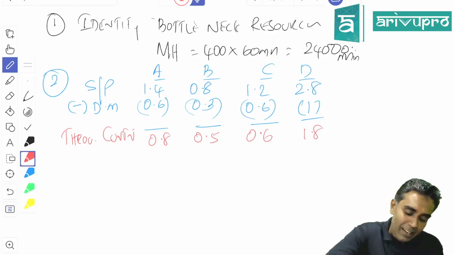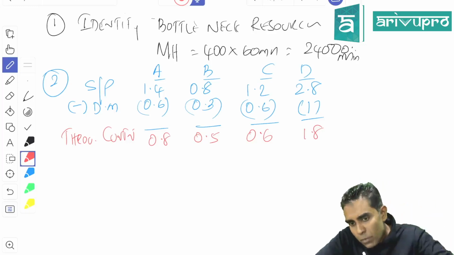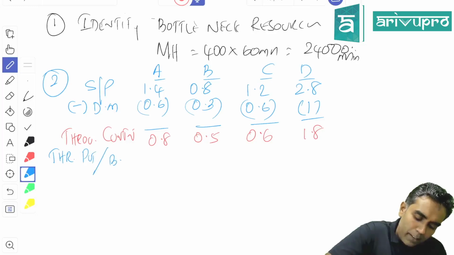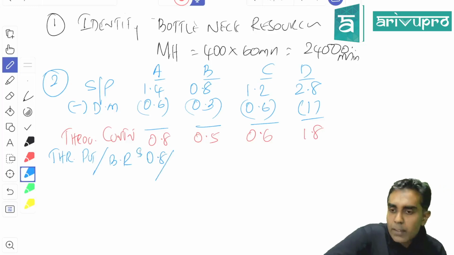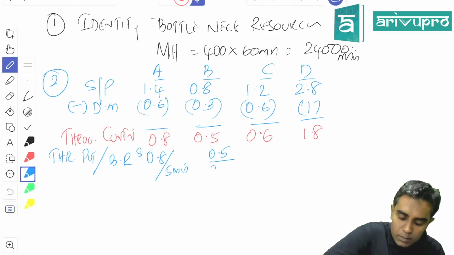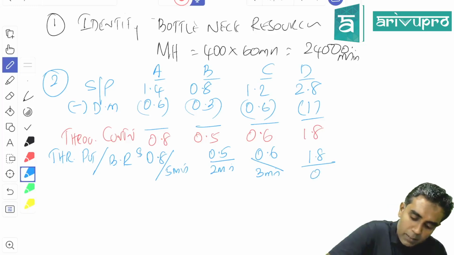What is the next part? Throughput contribution per bottleneck resource. The bottleneck resource is also given. $0.8 divided by how many minutes? 5 minutes. 0.5 divided by how many minutes? 2 minutes. 0.6 divided by 3 minutes. 1.8 divided by 6 minutes.